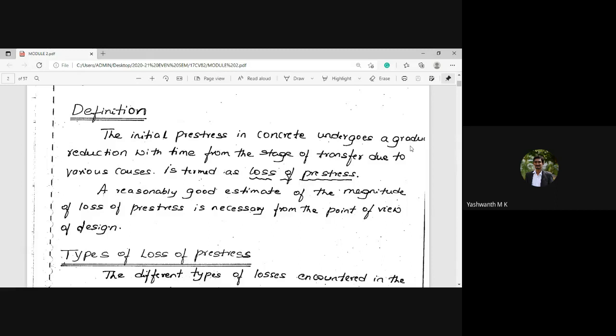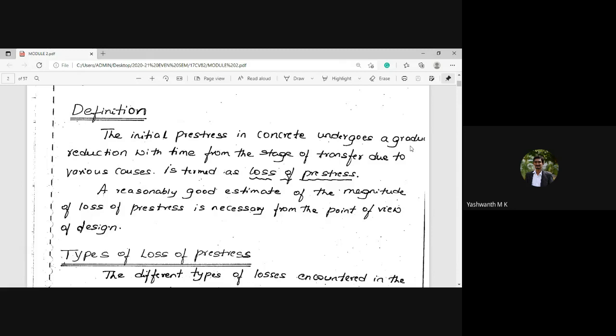Now I will define this in a very simple way. We know from module number 1 how to induce the pre-stressing. Through the cable we apply the compressive force on either end. We induce a pre-stressing force of certain magnitude through the cable, it may be parabolic or whatever.